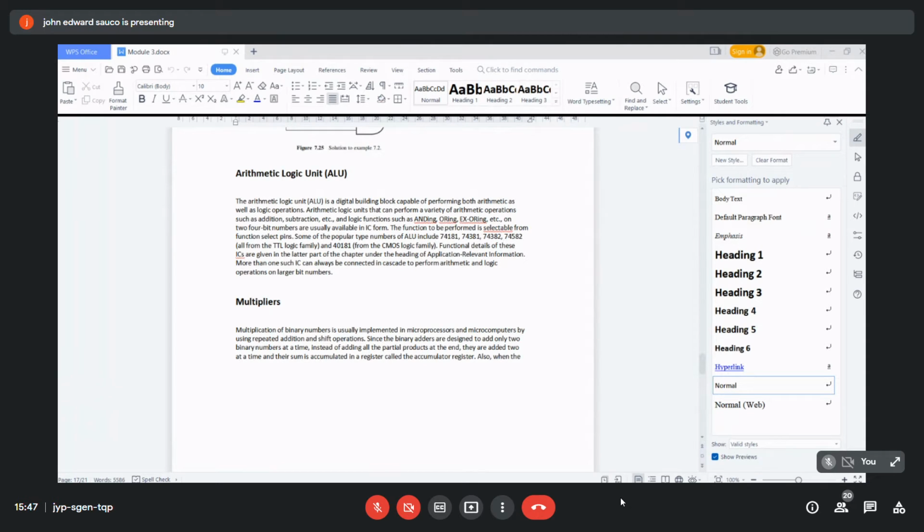Anyone? Sino ang makakasagot kung bakit naglabas ng TTL family ng ganyang model at ng CMOS din?